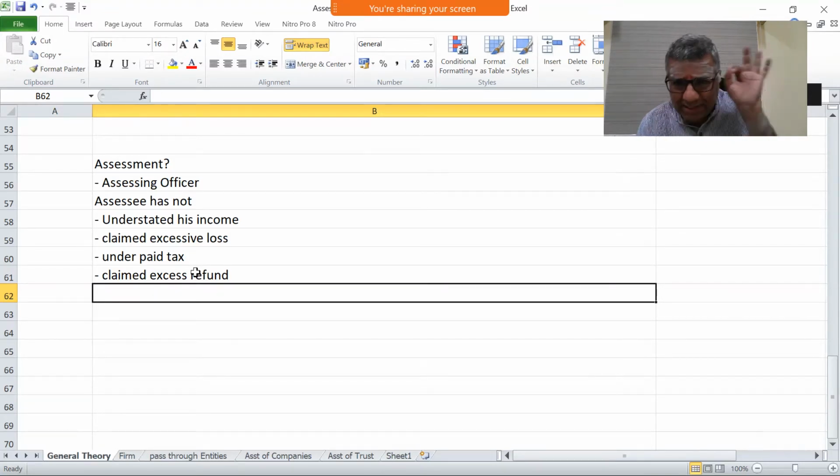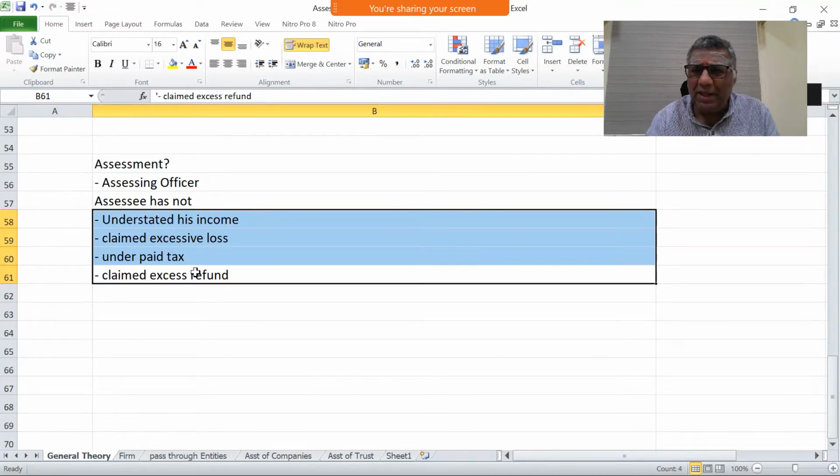This is known as assessment. In assessment, this is what I see, because I am not appointed by you. I can act only department friendly. Who is giving me remuneration? The department. I can be loyal only to the department and not to the assessee. So, these are going to be my key things to remember.